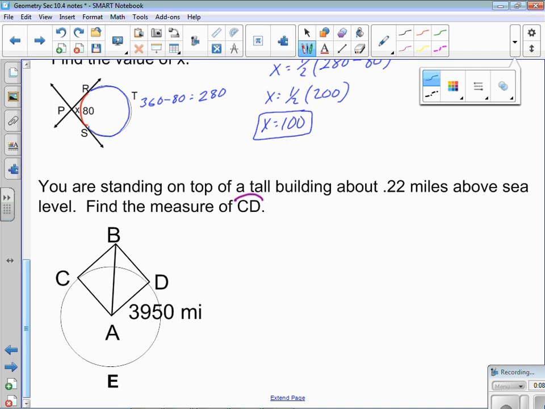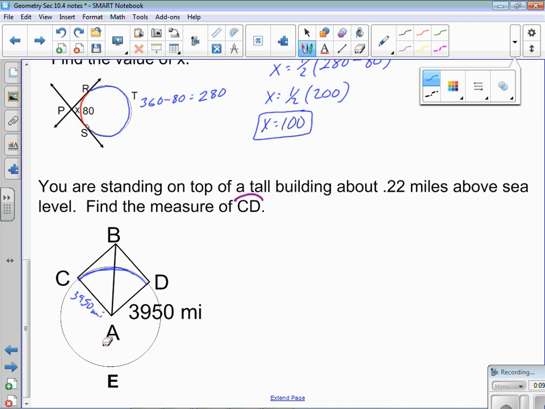So we're trying to find the measure of that arc from C to D. And if we look at the picture, they gave us that the length from A to D is 3,950 miles, which would be the radius from the center of the Earth to the surface of the Earth, which would mean that CA was also 3,950 miles.